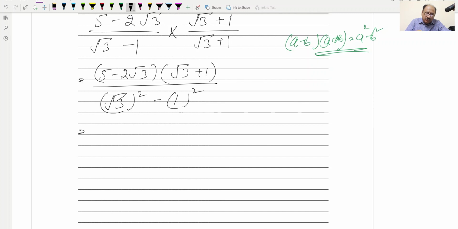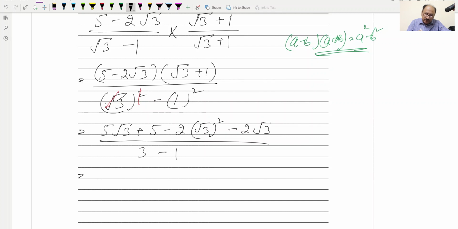And in the numerator, we can multiply 5 with under root 3, so that will be 5 under root 3, and 5 multiplied by 1 will be plus 5, and minus 2 under root 3 with under root 3 will be minus 2 into under root 3 squared, and minus 2 under root 3 with plus 1, so it will be minus 2 under root 3, and denominator will be 3 minus 1, because the square root and square will cancel, and we will get this.